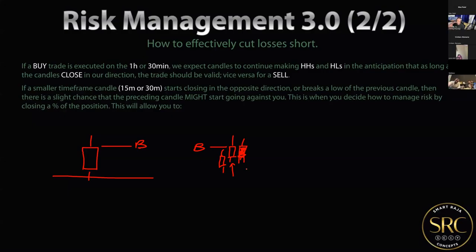You know what this is? We don't trust our instinct. You have to trust that inner voice in you that says, hey, price is about to hit stop loss, let's close 50%.